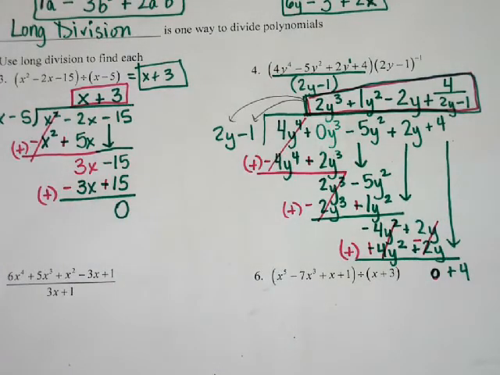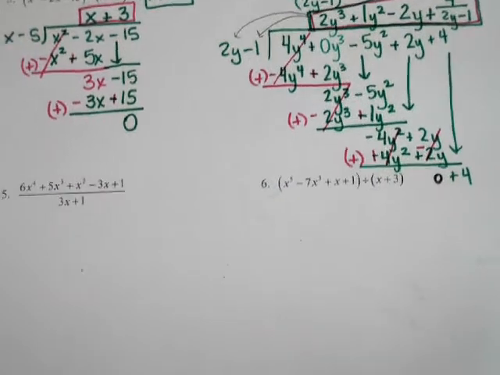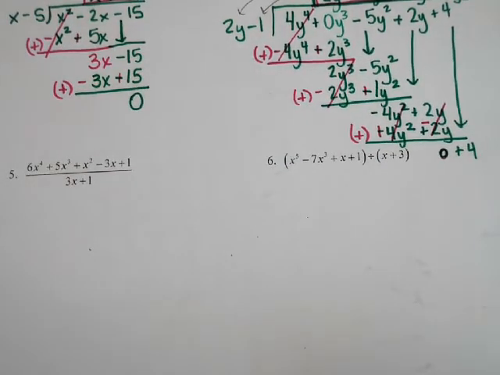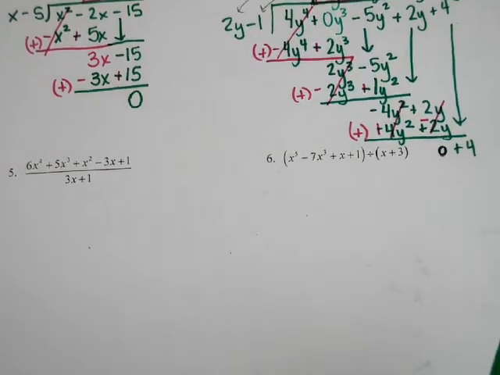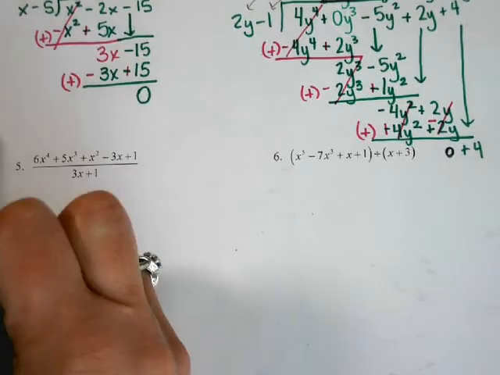Okay, we'll do 5. I can show you 6 as well later, okay? Okay, so 5. Look at 5 first before you set it up. Do we need any placeholders? We have an x to the 4th, we have an x to the 3rd, we have an x squared, we have a plain old x, and we have a constant. Do we need any placeholders? Nope, they're all there. Okay, so let's set this guy up.